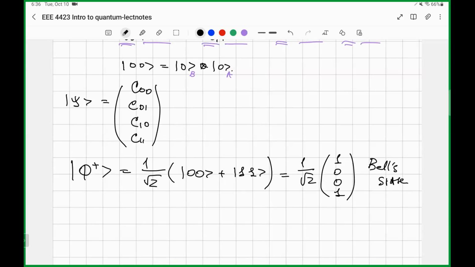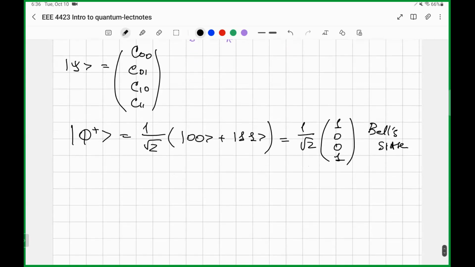Maybe the last thing to notice here is that when we add qubits to the system, of course, the dimensionality of our basis vectors is increased.